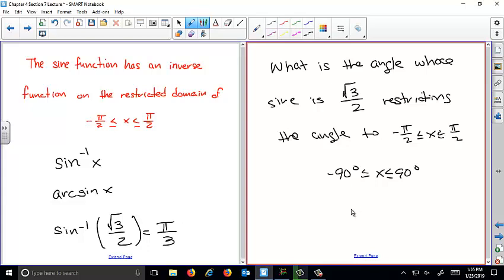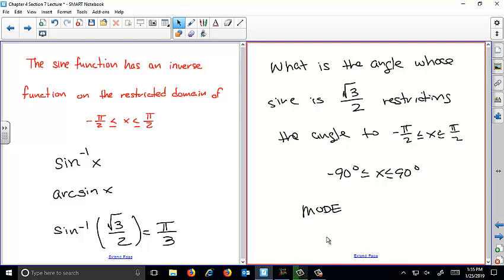So when you use the inverse trig functions on your calculator, you have to worry about mode, depending on whether you want the answer angle in degrees or radians. But it's valid either way. By the context of the problem or by somebody stating something, you can say whether the answer should be in radians or degrees. Now, the answer it's going to give you is not the square root of 3 over 2.